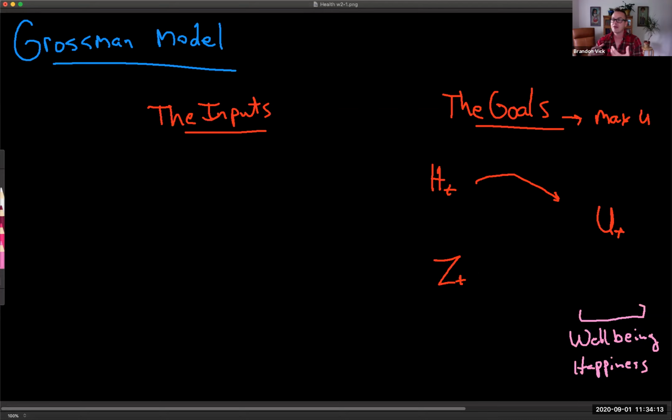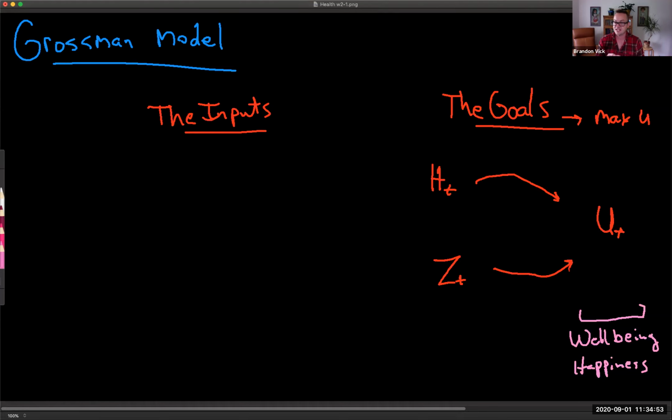Z represents other things we do in life, the other aspects of life, the non-health aspects of life that we want to achieve as goals, perhaps having friends, perhaps giving a good life for our children, perhaps vacationing, hobbies, etc. Okay, Z is also something that the more we do of it is wholesome in itself, but it's part of this overall well-being or utility measure. Okay, so these are the goals.